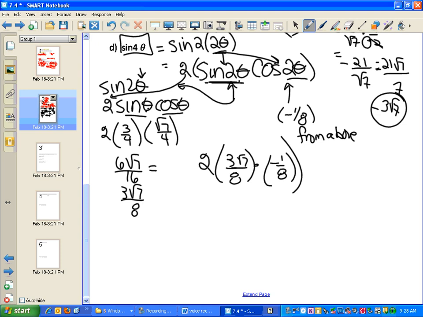Joan, is this making sense? Okay. All right. And so this 2 is over 1. Would you agree? And it either goes into this 8 or to this 8, but it does not go into both denominators, correct? Because we're multiplying. We're not adding, so we're not distributing that 2. So we're just reducing. I'm going to just make this a 4. So this is going to be negative 3 root 7 over what? 32.